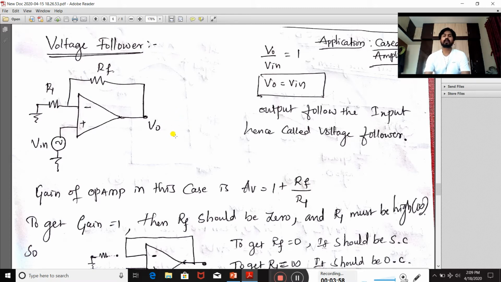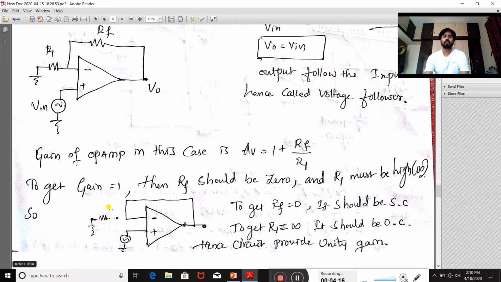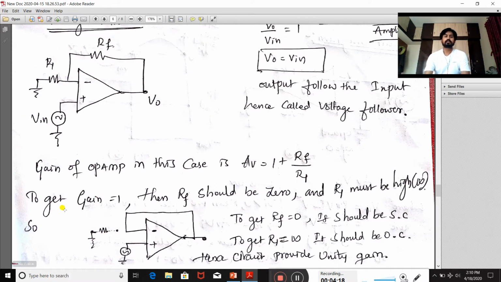When we make AV equal to 1, that time V0 will become equal to Vin. Then the question comes, how to make AV, the gain of the op amp, equal to 1, that means unity gain? How to achieve unity gain? For that we have some techniques.